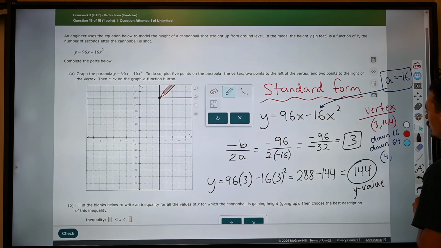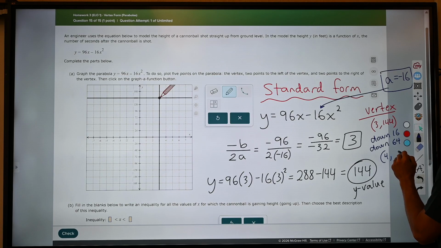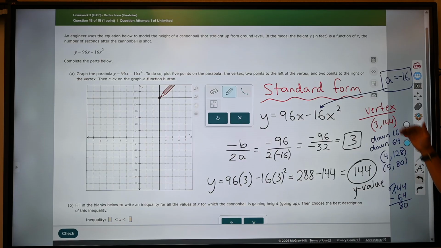Oh golly. 128. And we'll also have 5, down 64. I'm not doing that one in my head. No way. Okay, so there's our 3 coordinates.